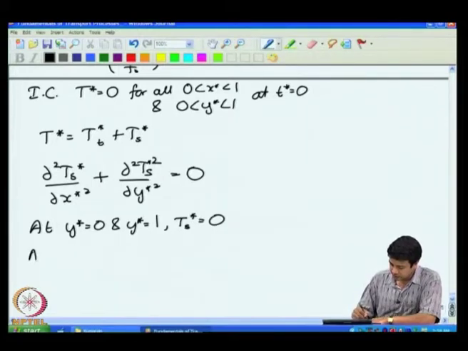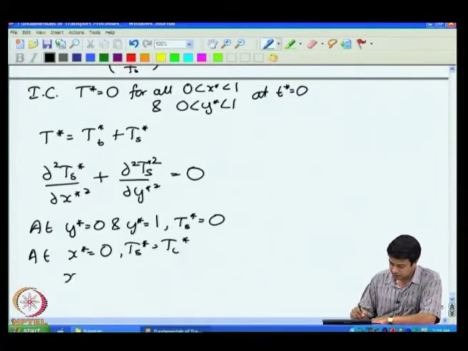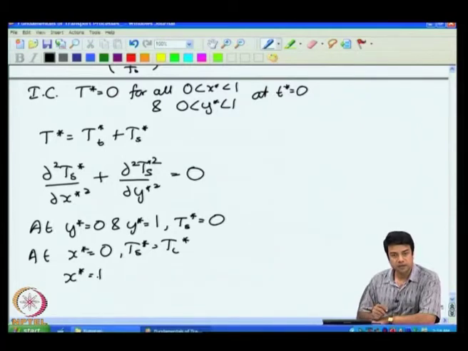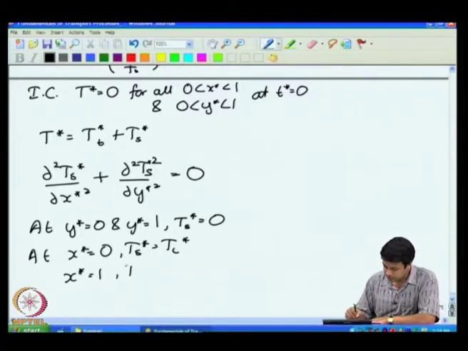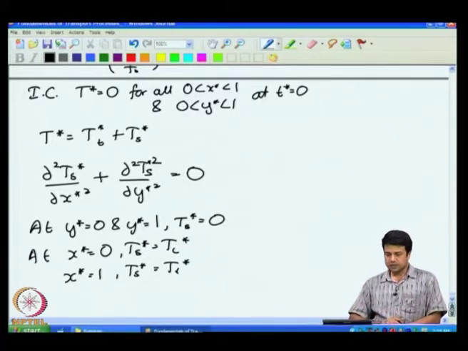And at x star is equal to 0, that is the left face, the steady temperature is equal to T L star. And at x star is equal to 1, the right face, the steady temperature is equal to T R star. So, this is the steady state problem for 2-dimensional heat conduction.